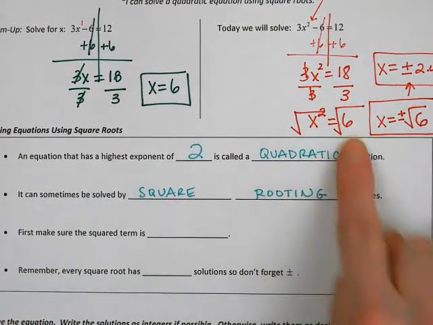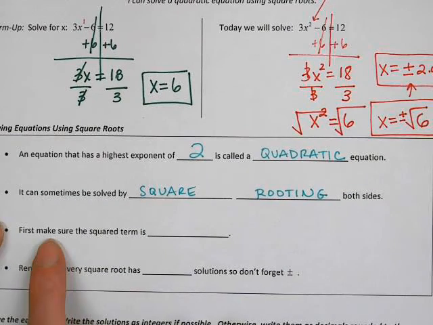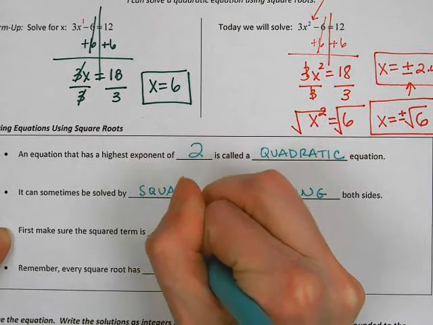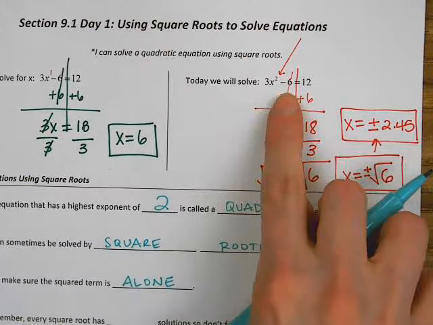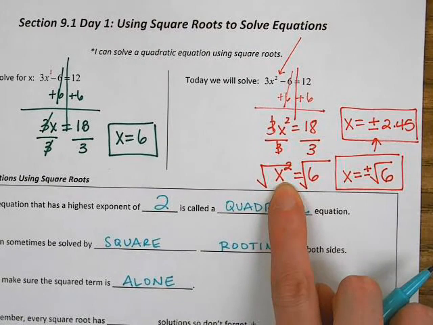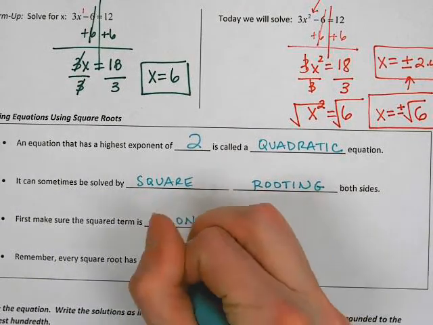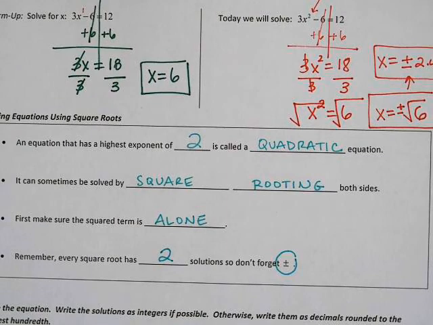We square rooted both sides. And in order to do that, make sure that the x or the squared term is alone. It's got to be alone first. So remember how we added the 6 and divided by 3. We had to get it alone first. And then remember, every square root has 2 solutions. So don't forget the plus and the minus.